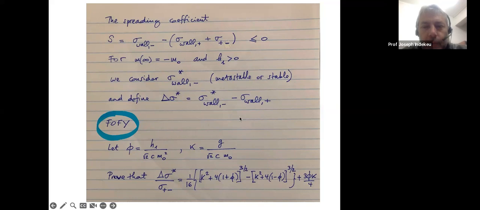Okay, so I'll continue, and if there's something, you will alert me. So I'm asking you to prove as a homework that the explicit expression for this model for delta sigma star divided by sigma plus minus is this function here of kappa and phi with the 3/2 powers here.